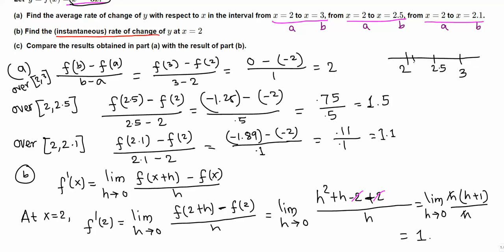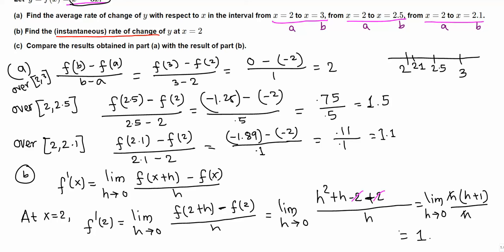And then we are even closer at 2.1. When we consider 2 to 2.1, the average rate of change is 1.1. Now these numbers are decreasing towards what number? Towards 1. That's what we found here. If our next point is like say 2 to 2.00001, then that average rate of change is the same as the instantaneous rate of change. These numbers are marching towards 1. That's called the limit value. So here's 1.